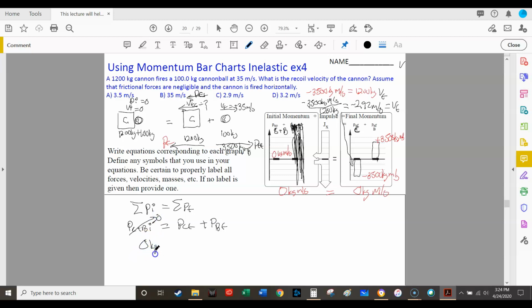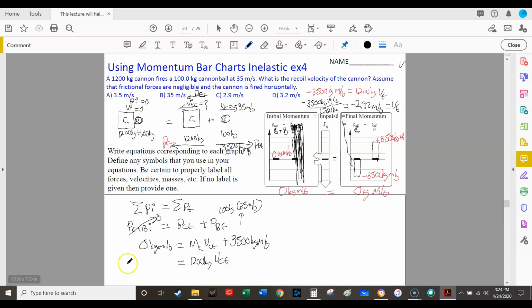So this is going to be 0 kilogram meters per second, and that's equal to the final momentum of the cannon, which is the mass of the cannon times its final velocity, plus the final momentum of the ball, which we found right here, which is 3,500 kilogram meters per second, right? Again, this is from 100 kilograms times positive 35 meters per second, right? And 1,200 kilograms, and that's V cannon final.